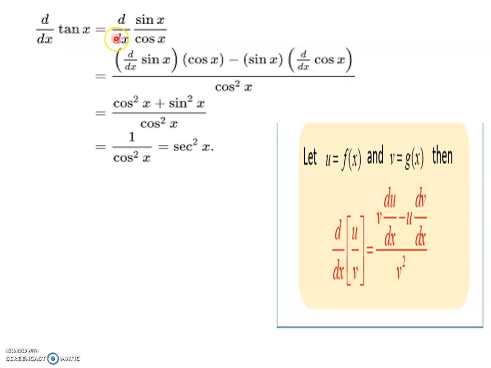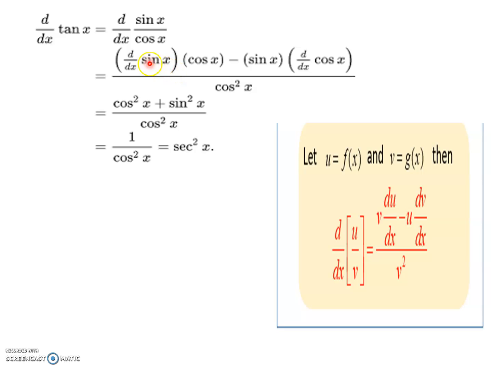Next, derivative of tan x. The derivative of tan x is sec square of x. We just verify using the quotient rule. u is equal to f of x and v is equal to g of x. Then derivative of u upon v is v derivative of u dx minus u derivative of v dx upon v square. We have derivative of sin x is cos x, cos x remains the same, minus sin x derivative of cos x upon cos x whole bracket square.